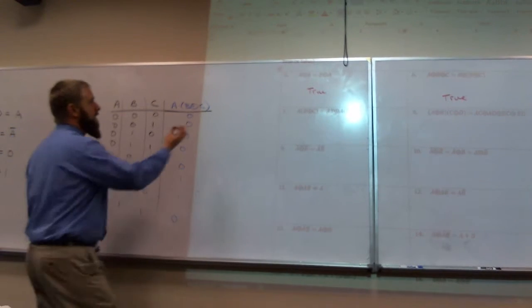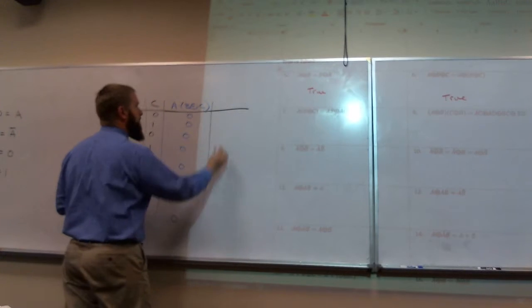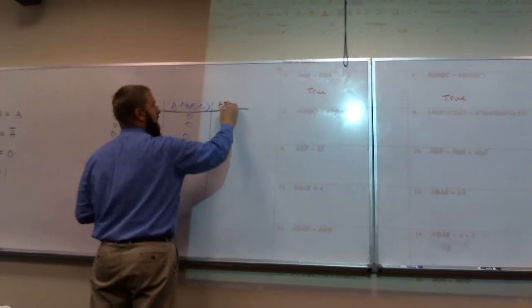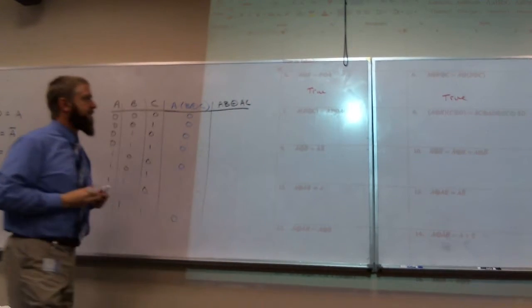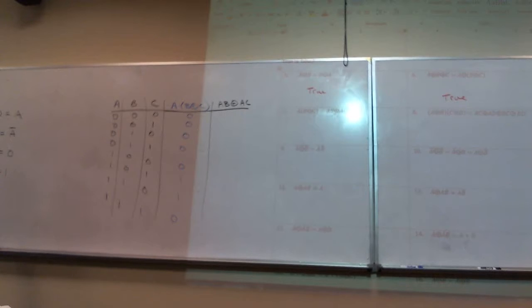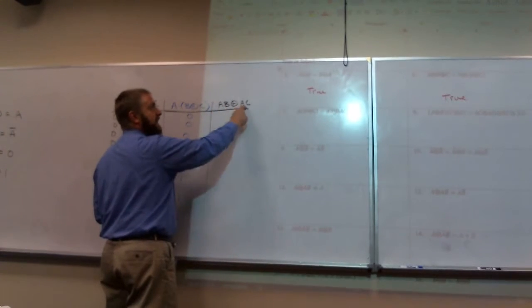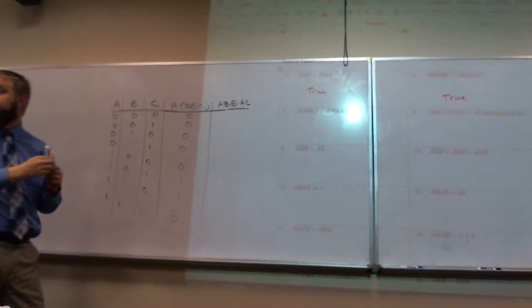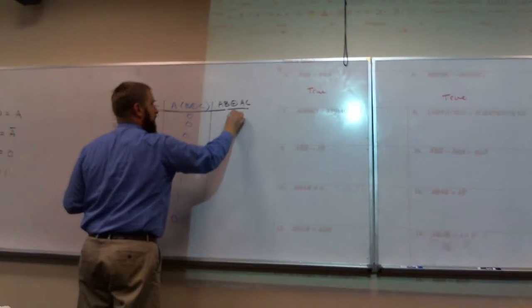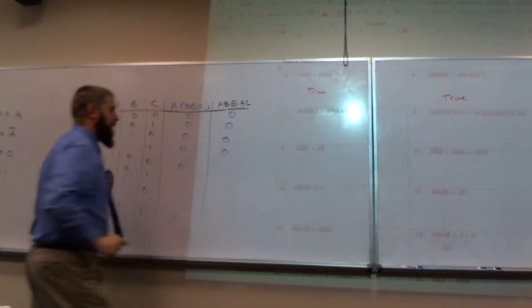In the distributive form, AB XOR AC, what is the value of the first 4 rows of our truth table? 0. Why? Because A is 0, 0 AND anything is 0, and 0 XOR 0 is 0. So if those are both 0, the first 4 rows are the same.